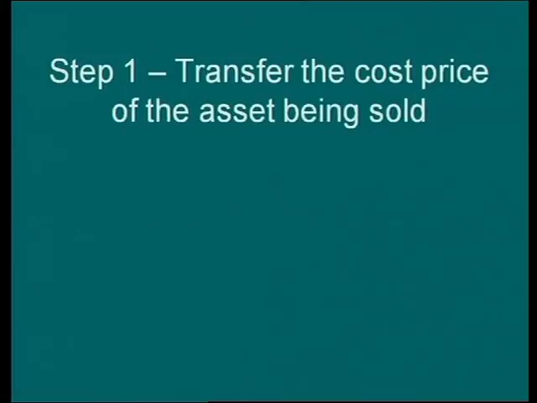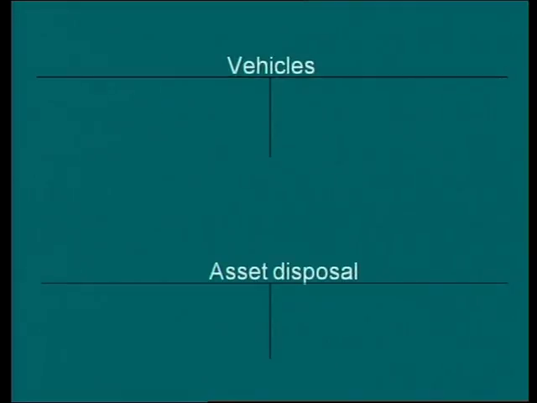Step number 1. Now remember, we know that the cost price is 30,000. The exercise told us. So step number 1 said we must transfer the cost price. Learners, here we have the vehicles account. The vehicles account is an asset which increases on the debit side. So in the exercise, it says that the balance is 116,000.